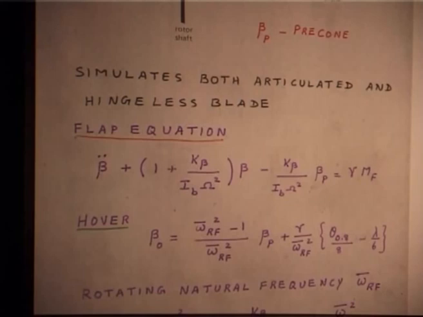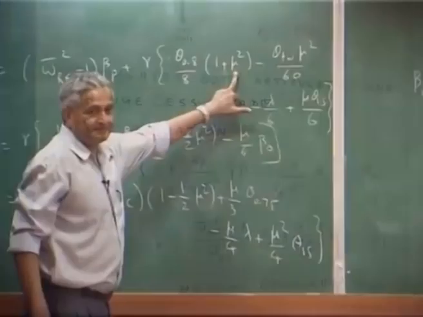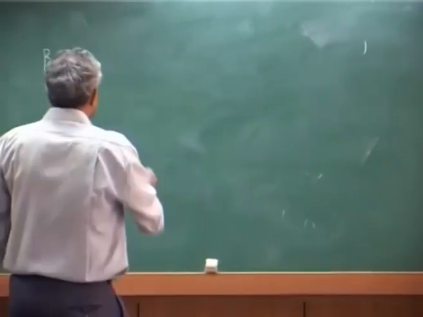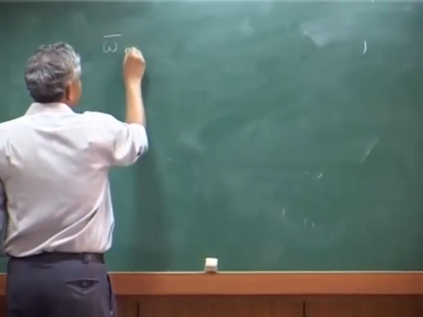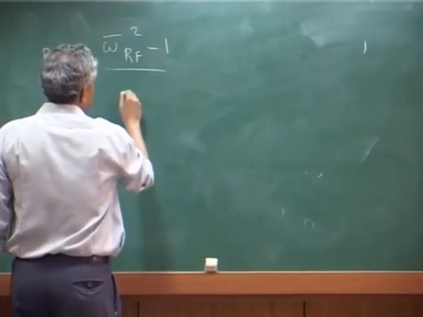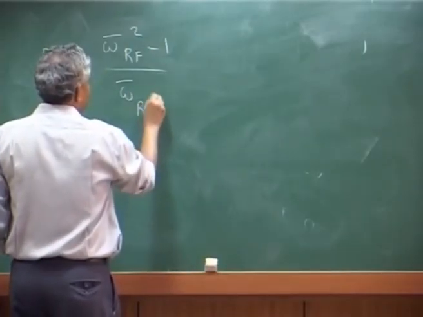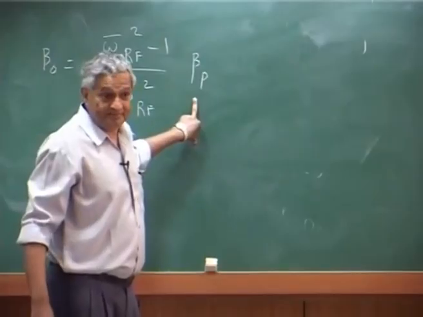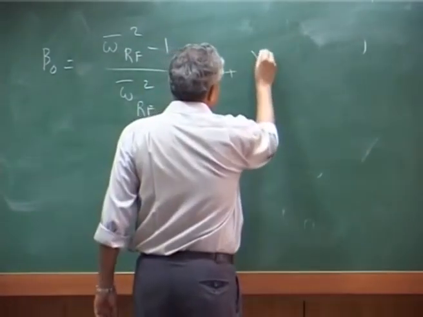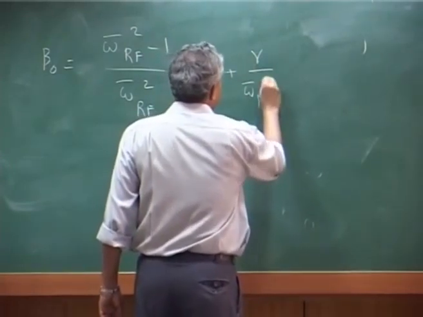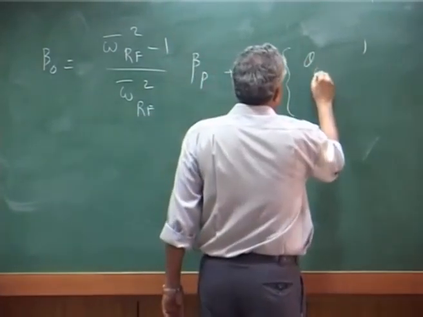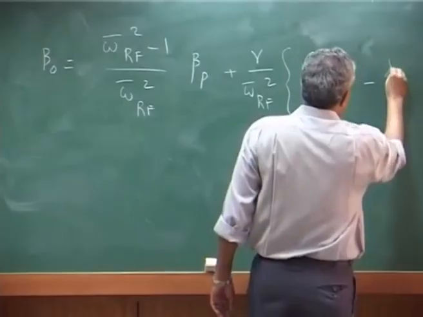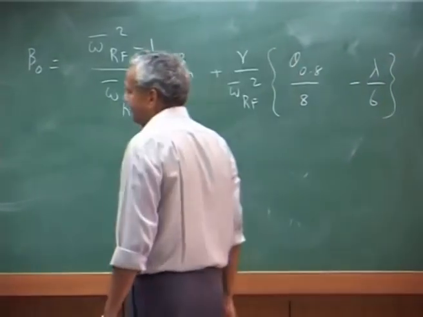Beta naught becomes, because all the mu will go off, you will have omega bar RF square, because from here you get a very interesting result, divided by omega bar RF square into precon, because the precon term is there, plus gamma over omega bar RF square into theta 0.8 over 8 minus lambda over 6.